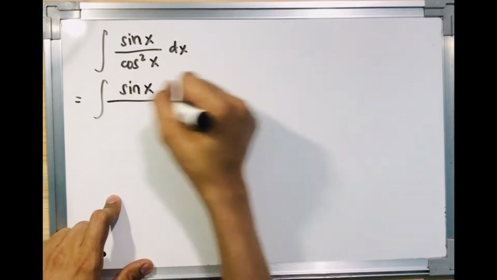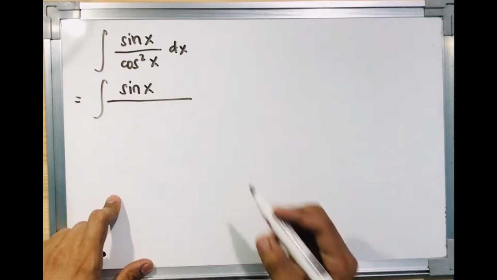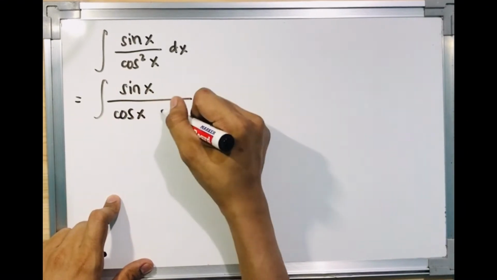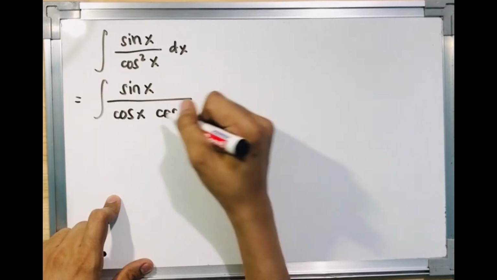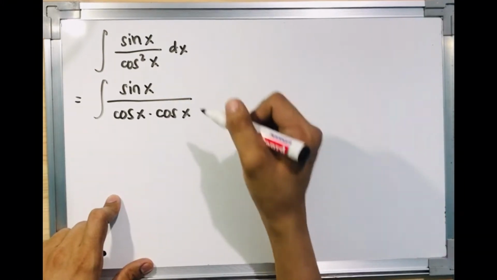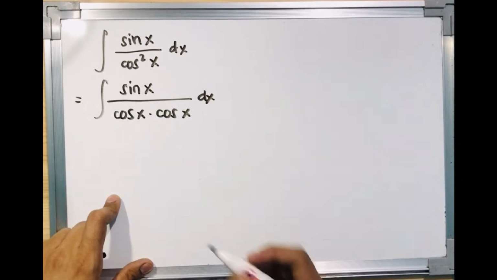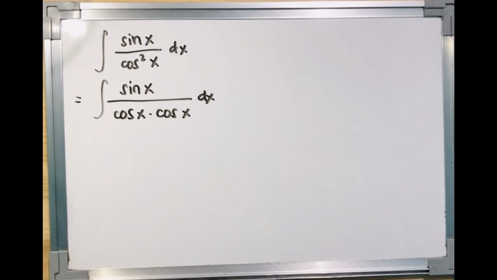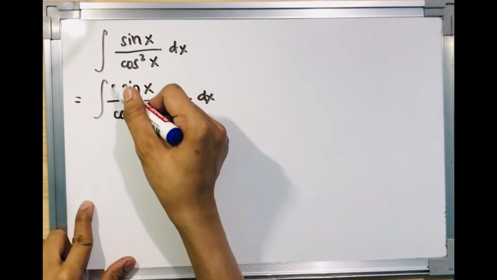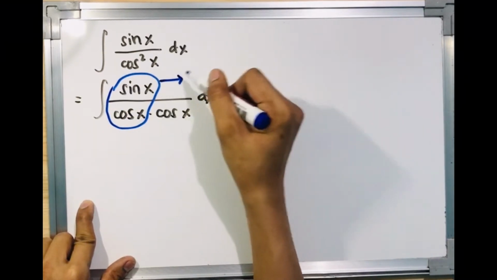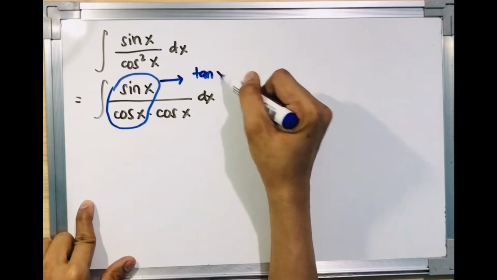Right? So, we can just resolve cosine squared of x into cosine of x and another cosine of x. And my dx is equal to still dx. Okay? So, looking at sine of x divided by cosine of x, we know that is equivalent to tangent of x.